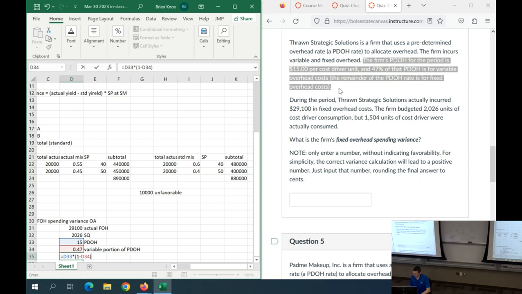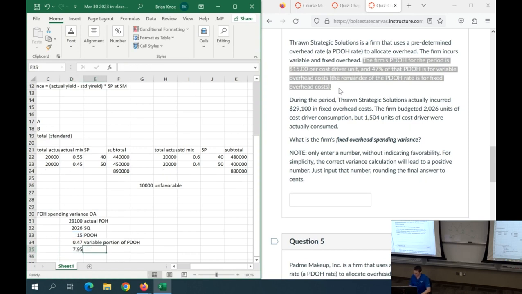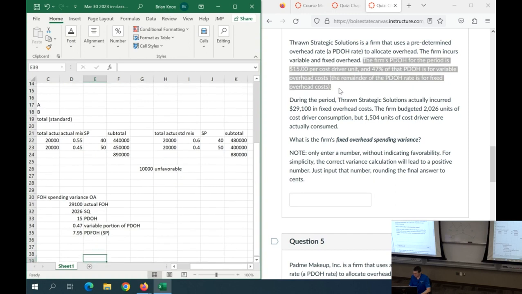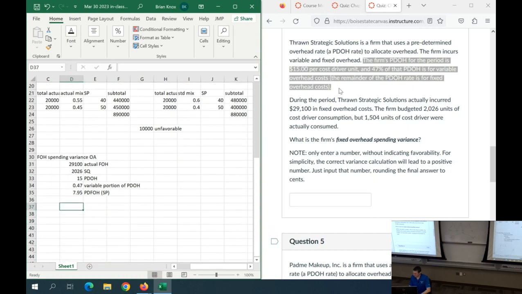Mathematically, we're just doing 1 minus 47% to get the PDFOH, which is our standard price. So multiply the standard quantity by the standard price, and we end up with the static budget FOH. Subtract those two. That has to be the spending variance.